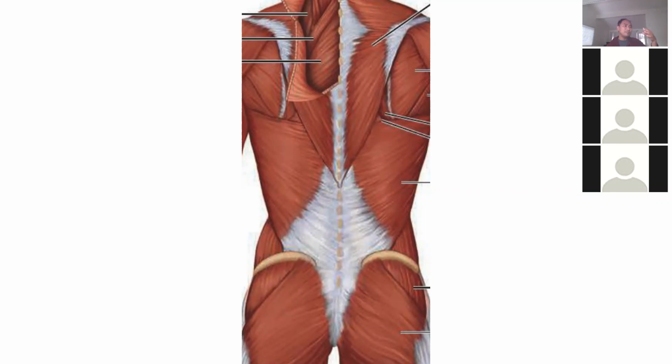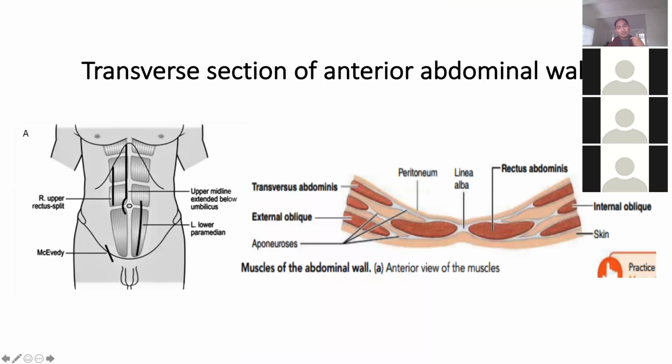Okay, so posterior abdominal wall is not very exciting. We will just move on to the anterior abdominal wall. So let's say we were doing an operation in the operating room, you are my trainee and I let you do the operation, and we are starting with a simple operation.